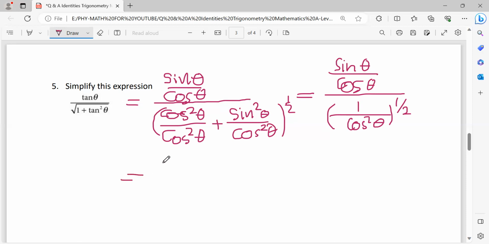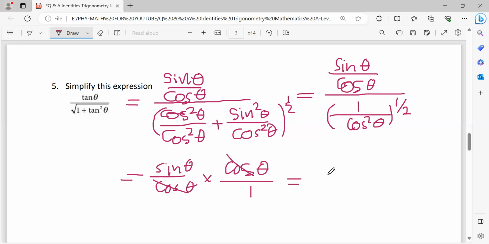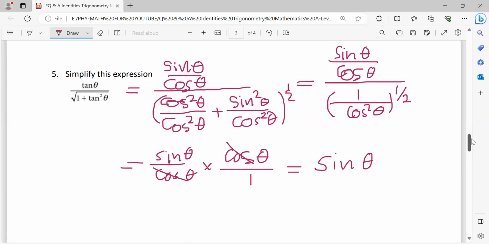It becomes sine theta over cosine theta times cosine theta, and equals sine theta. So proved this one.